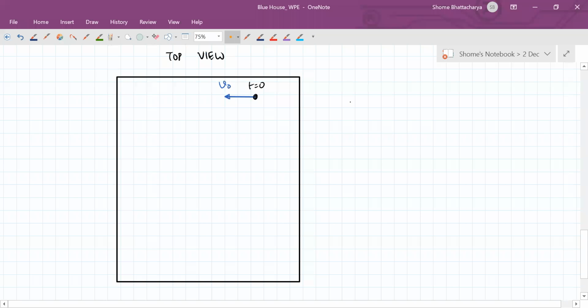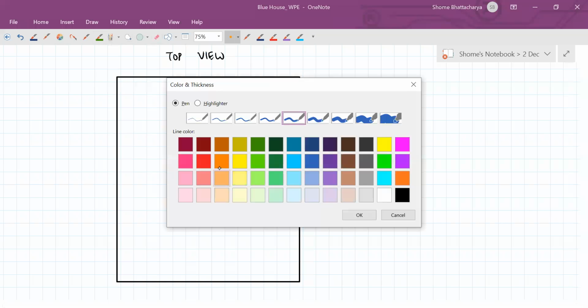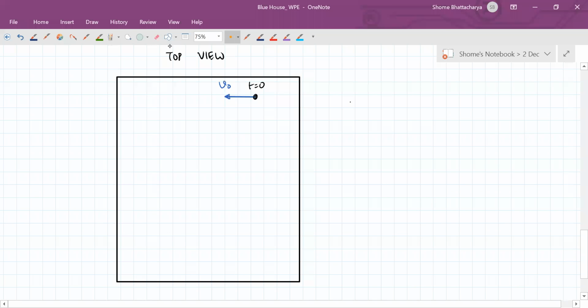Because the velocity vector was in this direction, the kinetic friction will always oppose slipping. So the direction of kinetic friction was like this, whereas mg sin theta will always be like this. So this was the free body diagram initially.